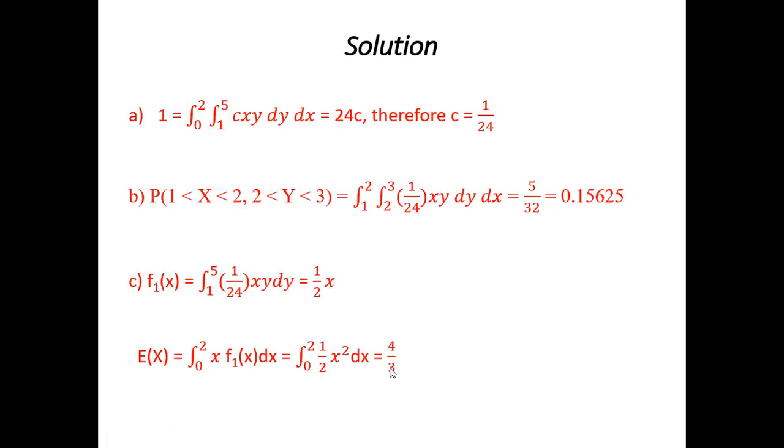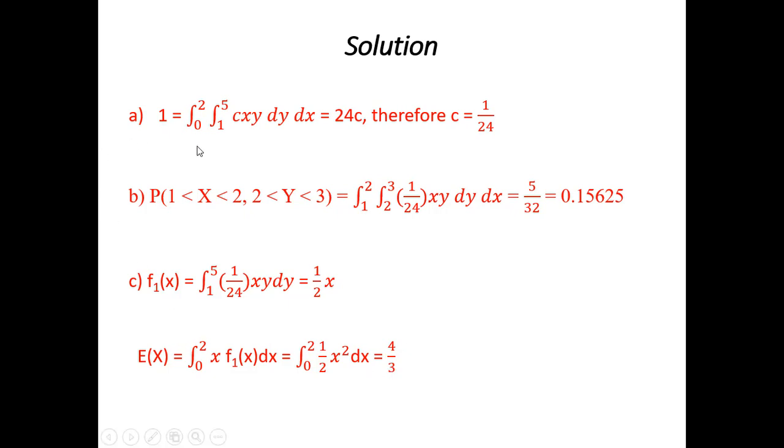Well, the idea behind part A is to evaluate the integral, find the answer in terms of c, and then set that expression equal to 1. After all, we know that we have a PDF, and when we integrate over the region, this should be equal to 1.